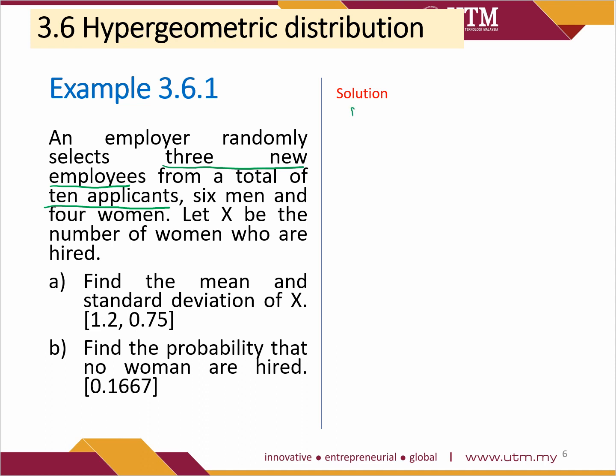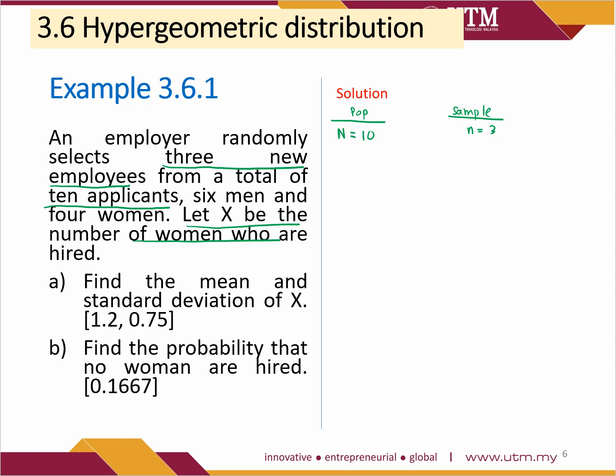So for the population, given N is equal to 10, and for the sample, n is equal to 3. And then from a total of 10 applicants, 6 men and 4 women. Here we let X be the number of women who are hired. So this is our main concern. We want to know our number of women who are hired.